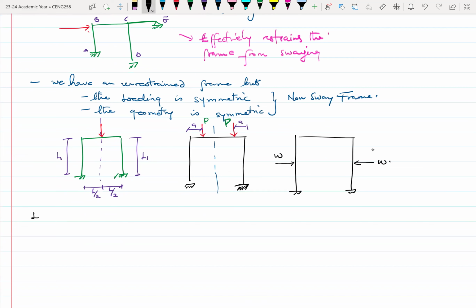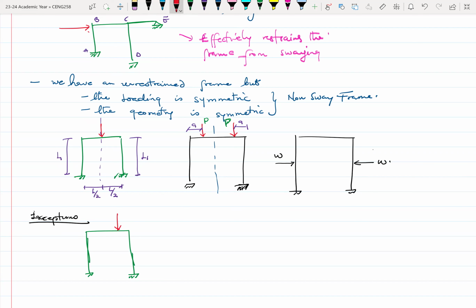So let's look at some exceptions. Okay, let me put it that way. So you're going back to the frame up here, right? The frame is perfect, but you have your load somewhere here. All right.